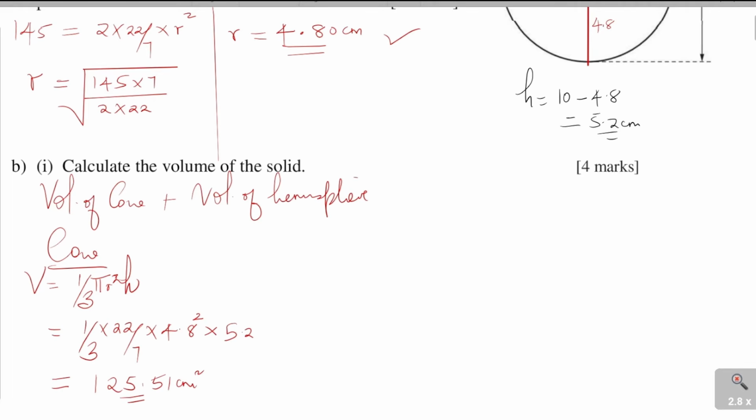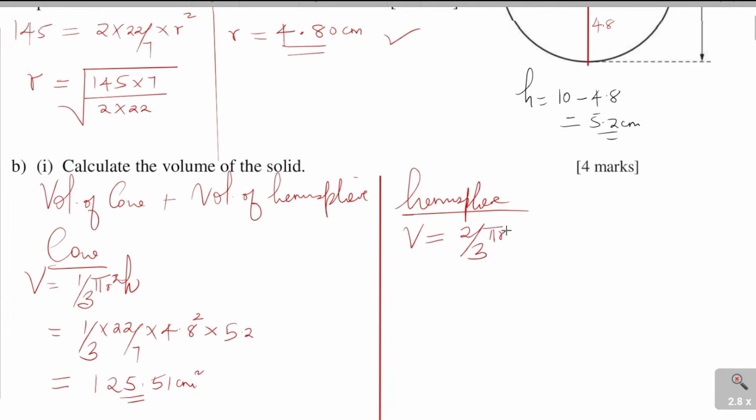Now we go to the other part, which is the volume of the hemisphere. How do you get the volume of the hemisphere? The volume is given by 2/3 pi r cubed.